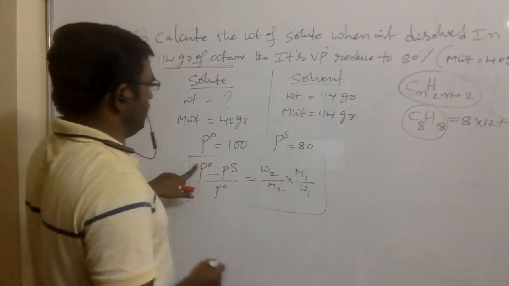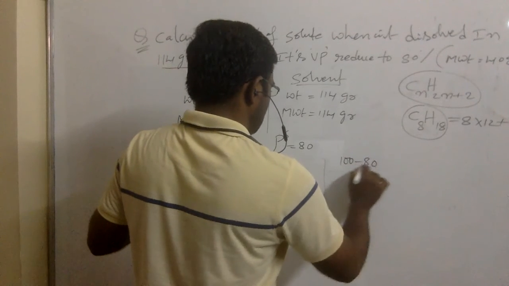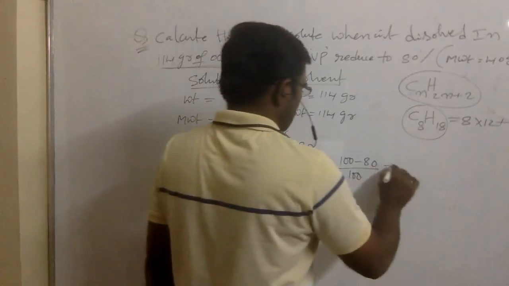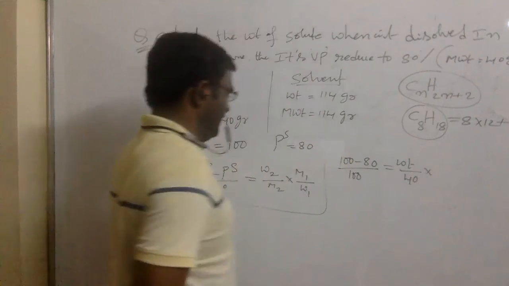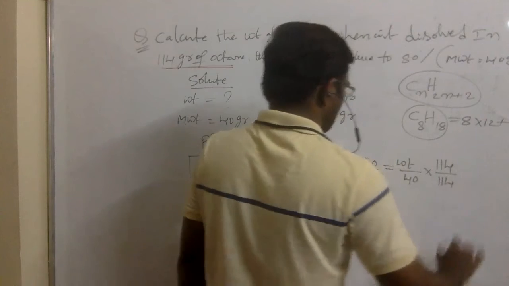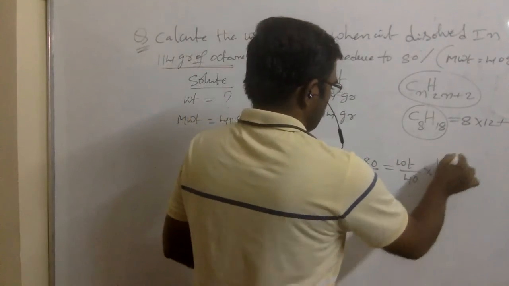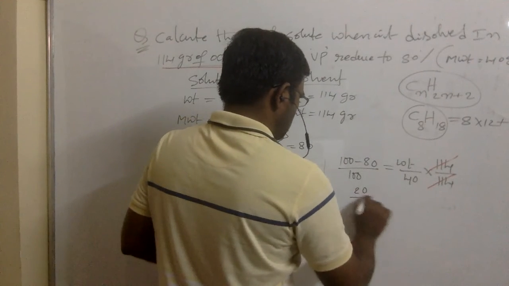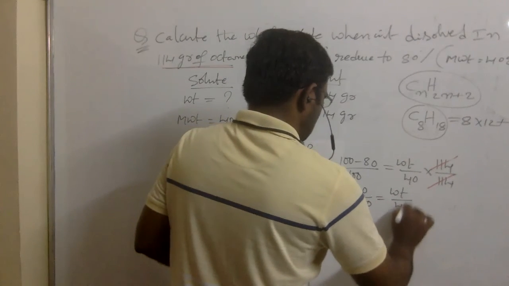Then we simplify it. P naught is 100 and PS is 80, by 100. And W2, the weight of solute, you don't know, W2 by the molecular weight of solute 40, and the molecular weight and the weight of octane are both equal, 114 by 114. So these two cancel. 114 and 114 cancel. Here 100 minus 80 is 20, so 20 by 100 is equal to weight by 40.